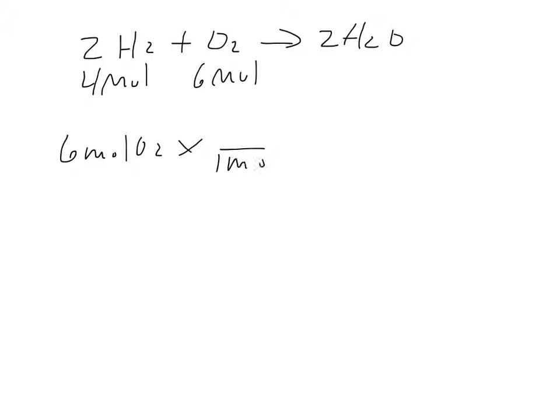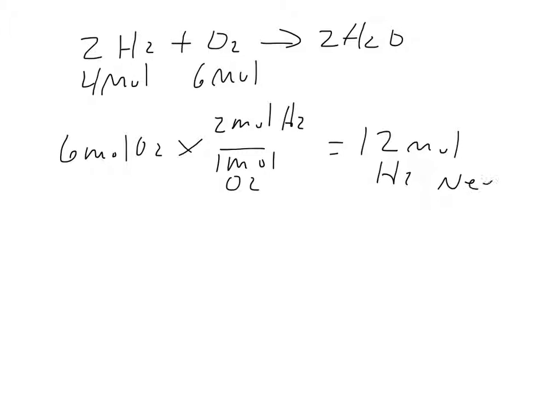We have our coefficient of O2 as being 1. We have 2 moles of H2 with that coefficient. And we would need 12 moles of H2 needed. We have 4 moles. Therefore, H2 is the limiting.